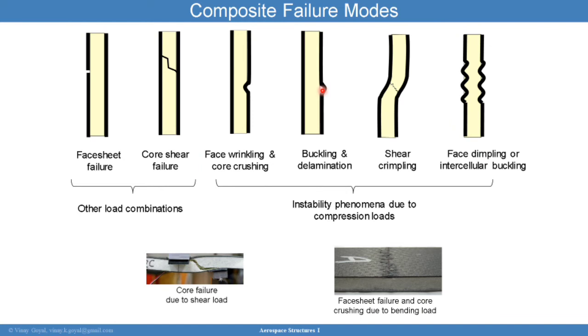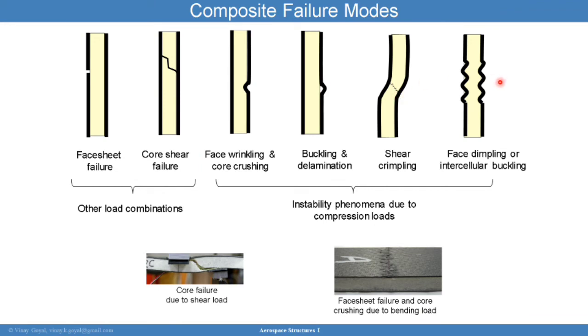You also have shear crimping, where it initially starts straight, but due to misalignments you can start to have deviations in the load. There's an eccentricity between this line of action and this line of action, which causes things to go haywire and a crack is formed.